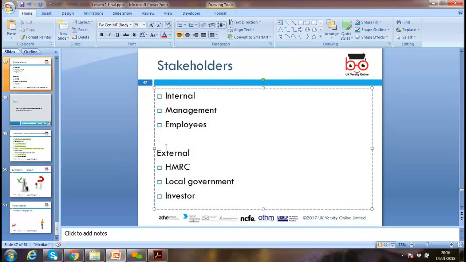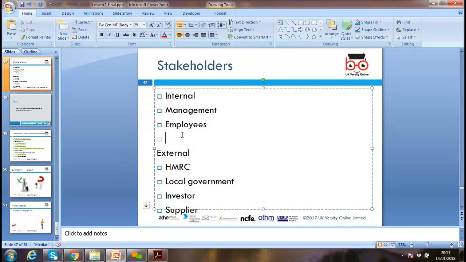Some stakeholders are external: suppliers, yes. Okay. So we need to think about financial information, because a lot of stakeholders require it to make decisions.